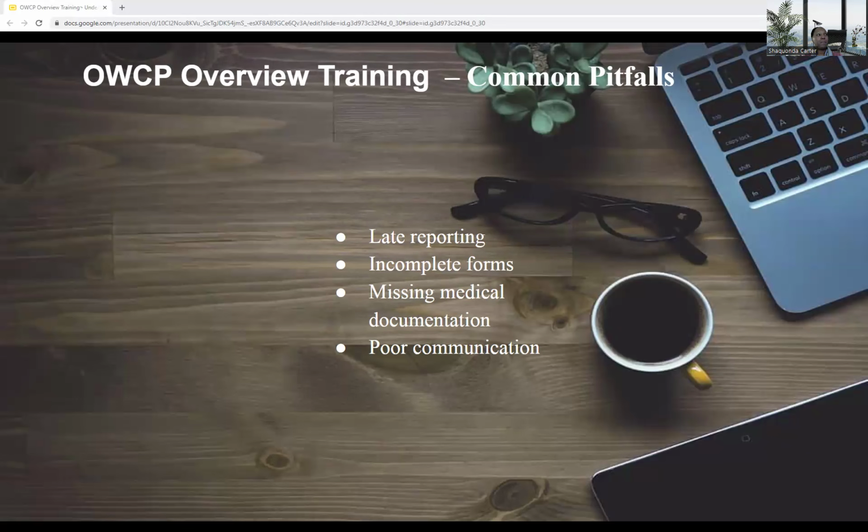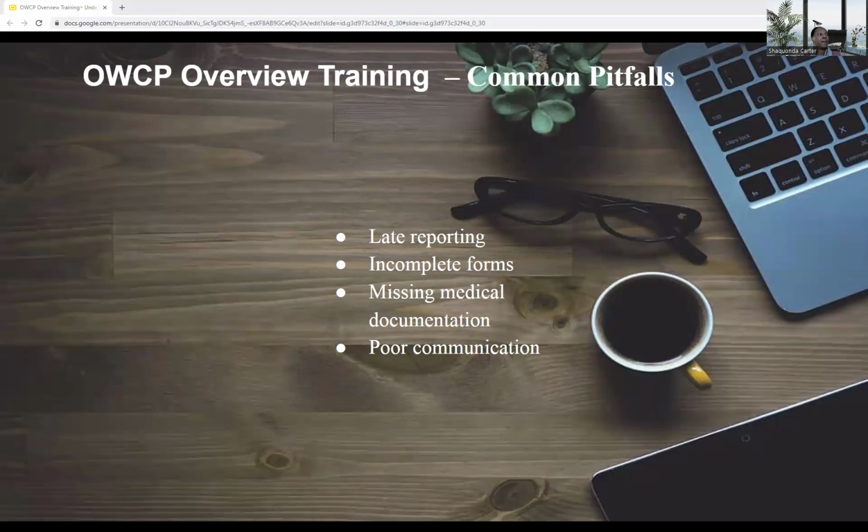All right, so common pitfalls. These are the most common issues we see, and they are preventable. So, late reporting. Late reporting is when you wait maybe 2 months down the road, when that injury is starting to get worse and not better, and then you go and report it to your supervisor.